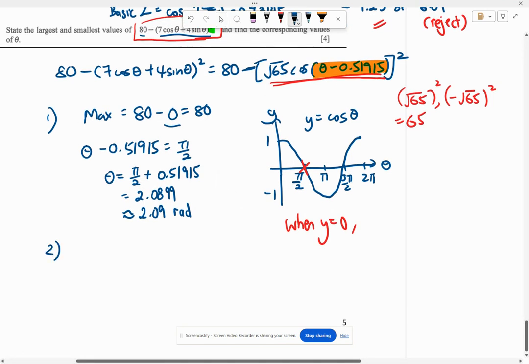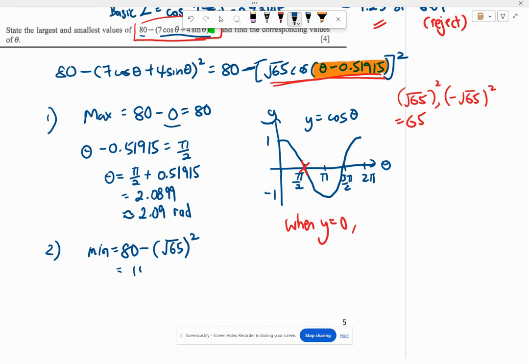When I go to the minimum value, now we talk about concept. Just now we say minimum is equals to 80 minus square root 65 squared, which is exactly 80 minus 65, and I get 15.